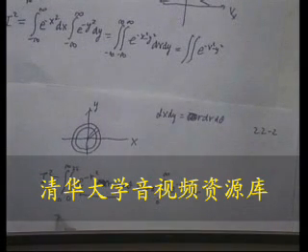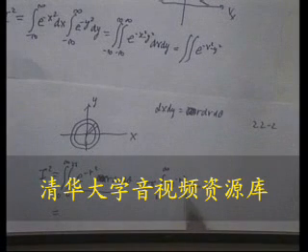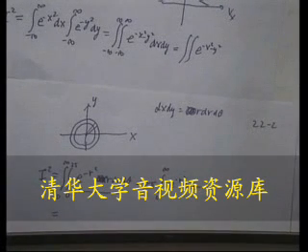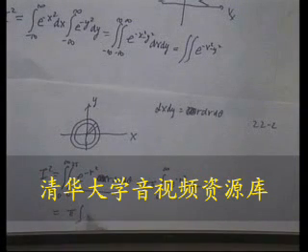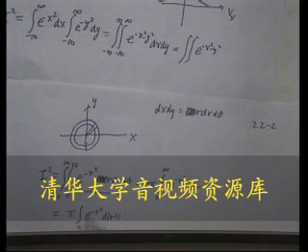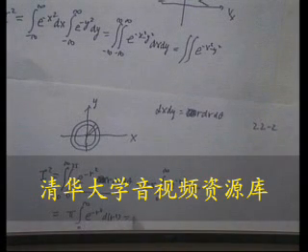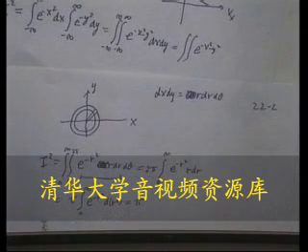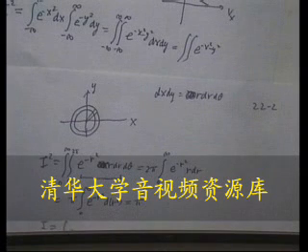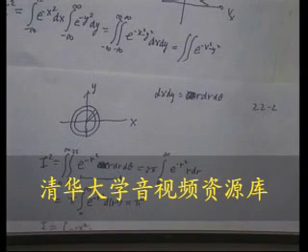The neat thing here is, you see, it's r dr. r dr is d r squared over 2. So this becomes pi times the integral of e to the minus r squared d r squared. And that's equal to pi. So I is equal to the integral of e to the minus x squared dx, which is the square root of pi.